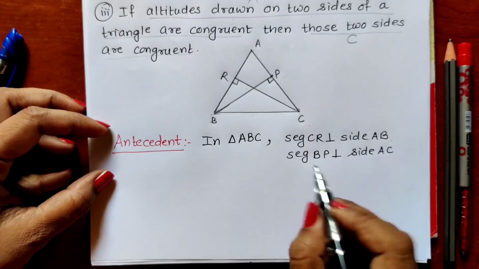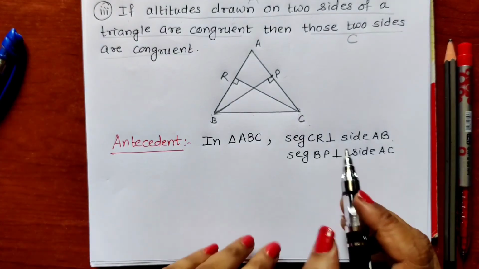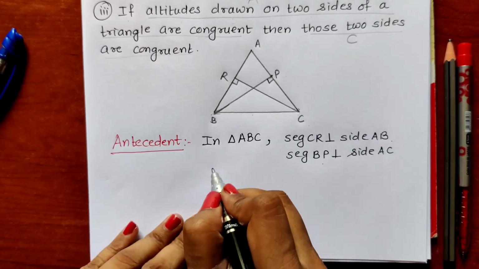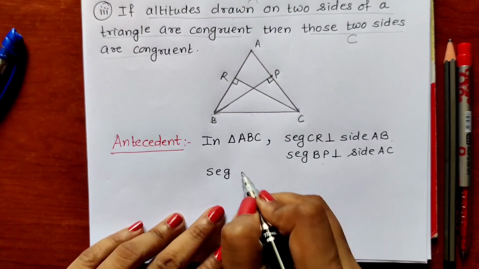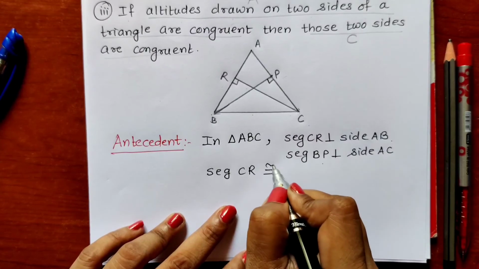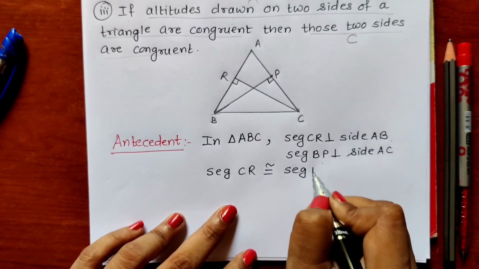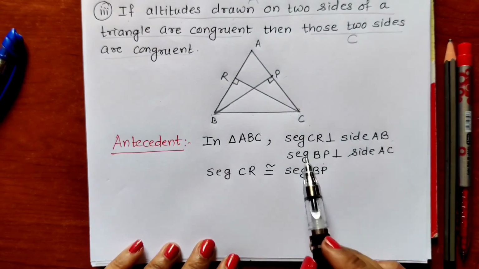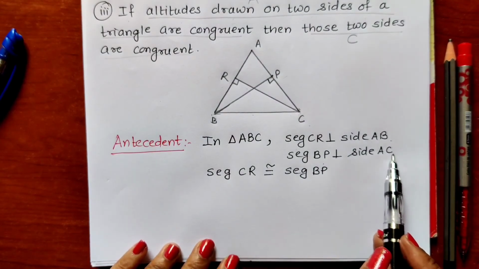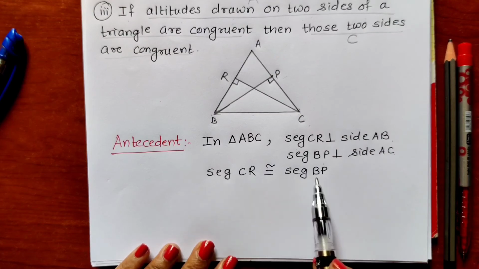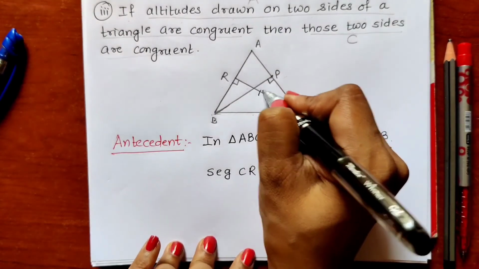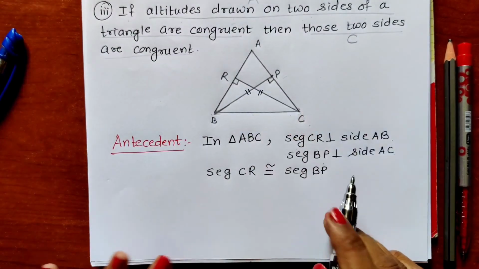In this way, as they are perpendicular, they have become the altitude. So these two are altitude also, and these two are congruent with each other. Seg CR is congruent with seg BP. So this is given to us: seg CR perpendicular AB, seg BP perpendicular side AC, and seg CR is congruent with seg BP. So CR and BP are congruent with each other.